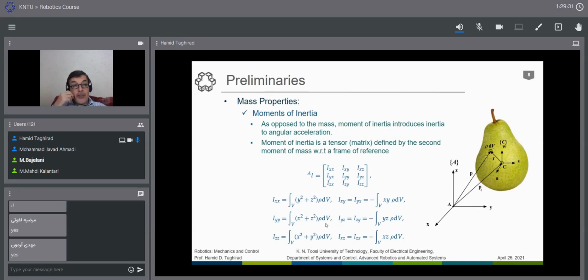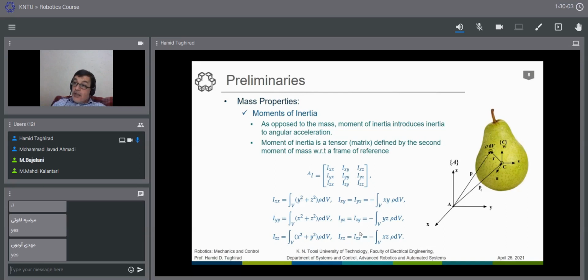Now, if you consider the dimension of I, what would it be? Here we have a mass, like kilogram, and here we have an integration of R², a radius squared, embedded in it. So we have kilogram meter squared.